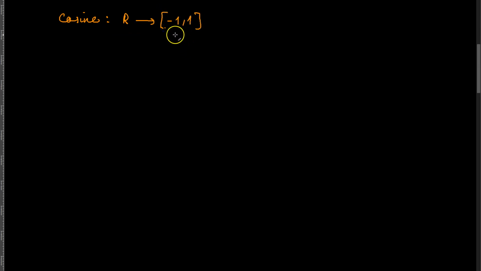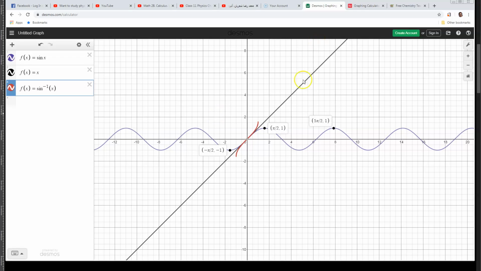Which means that again you will get into the problem of the function not being 1, 1, that we talked about in the case of the sine function. And that means that if you want the cosine function to be invertible, we have to restrict the domain to some values. So let's see how we can restrict it.